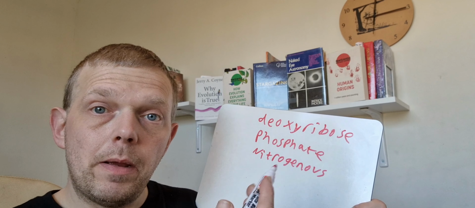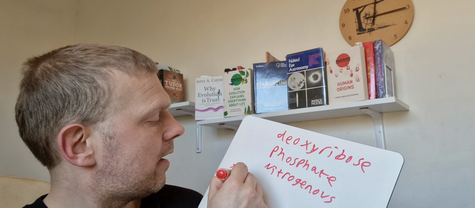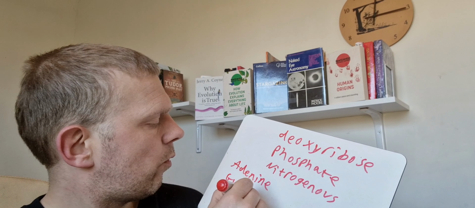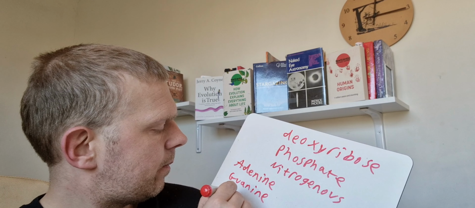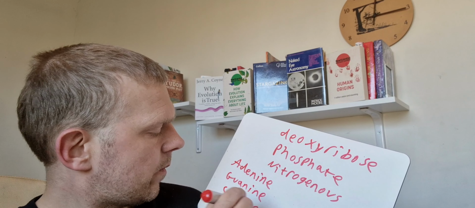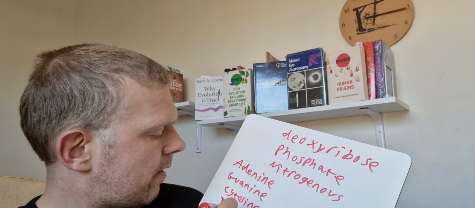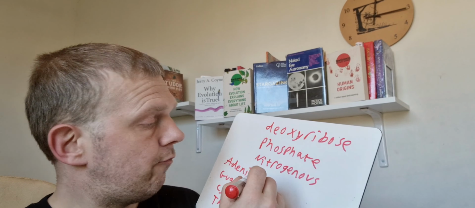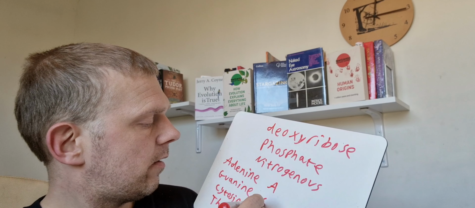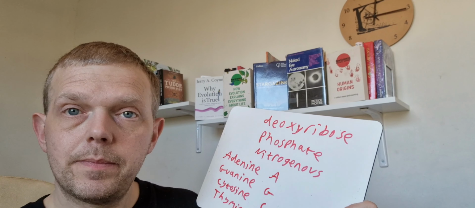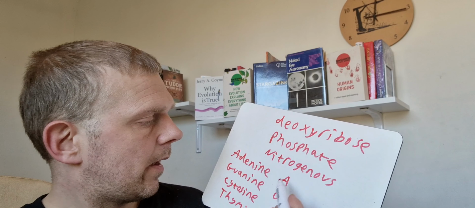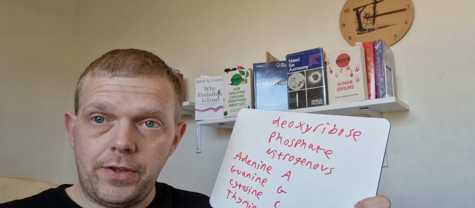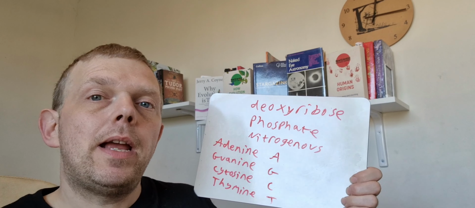So the four bases are adenine, guanine, cytosine, and thymine, which are often written as A, G, C, and T. And these bases pair up within the DNA to form base pairs.